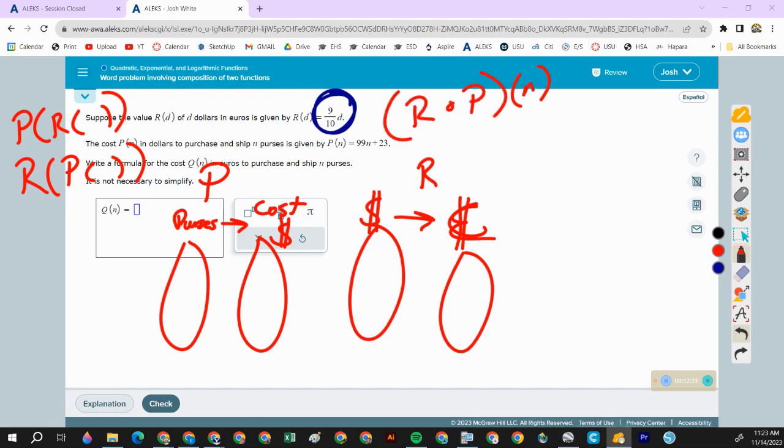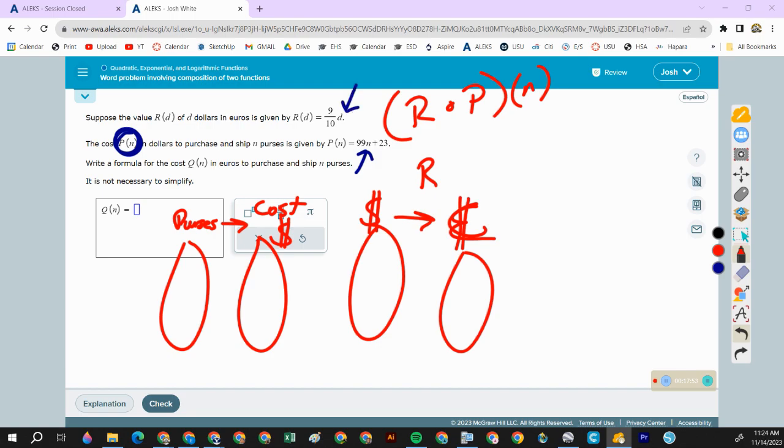And then P uses n. Okay? So another way to think of it is, what unit is this in? The answer to that. So if I have 10 purses, if I plug 10 in there, 99 times 10 is 990 plus 23 is 1013. 1013 what? Dollars. Okay?